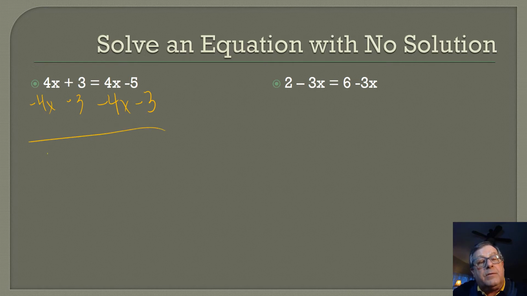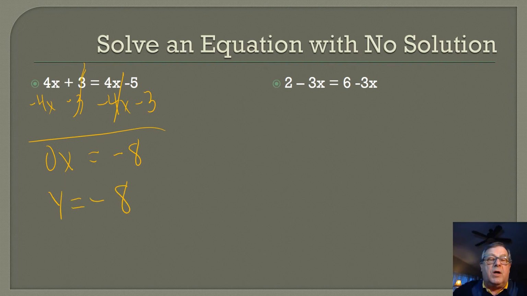Well, we would end up here with 0x. 4x minus 4x gives me 0x. And the 3s cancel here, and the 4x cancel here. And so we got 0x equals negative 8. Or we could substitute in, and 0x of course is 0, we could then substitute in y equals negative 8.